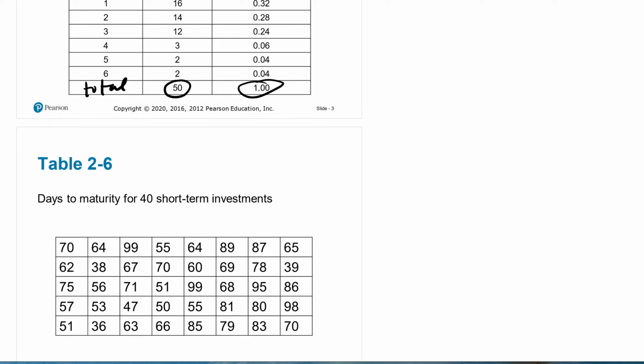So in this case, we can't just put 70, 71, 72, 73. That will be a really long table. In this case, we group them. So we use the grouping method to group the data. To group them, we need to create what we call intervals, from somewhere to almost that value, somewhere to almost that value.